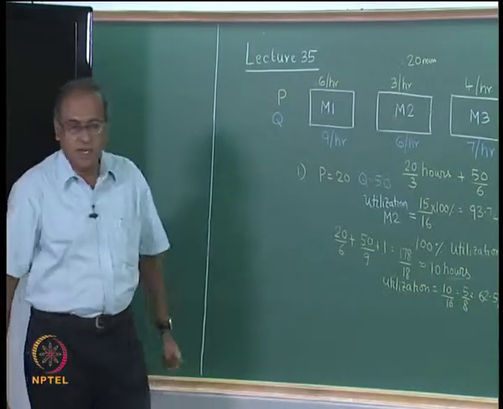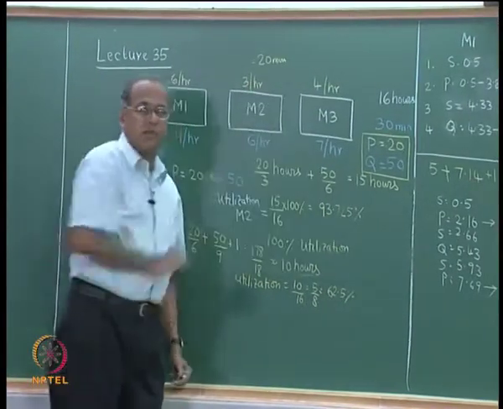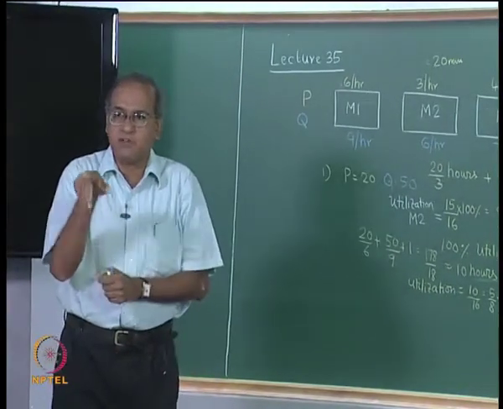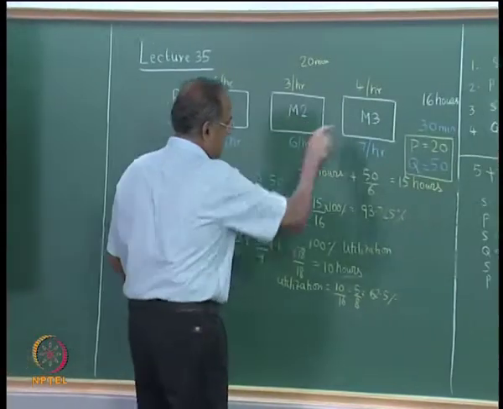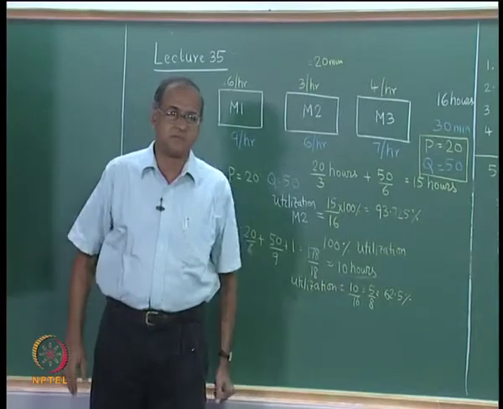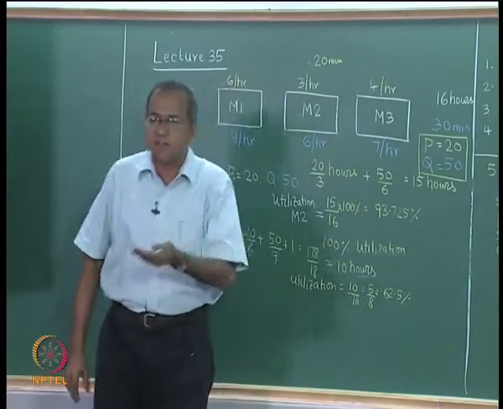Now in this particular example it became difficult, because for both the products M2 happened to be the bottleneck machine. Now if M2 is the bottleneck machine for P and let us say M3 is the bottleneck machine for Q, then the whole mechanics will change, the computations will change, and then we have to check very carefully.